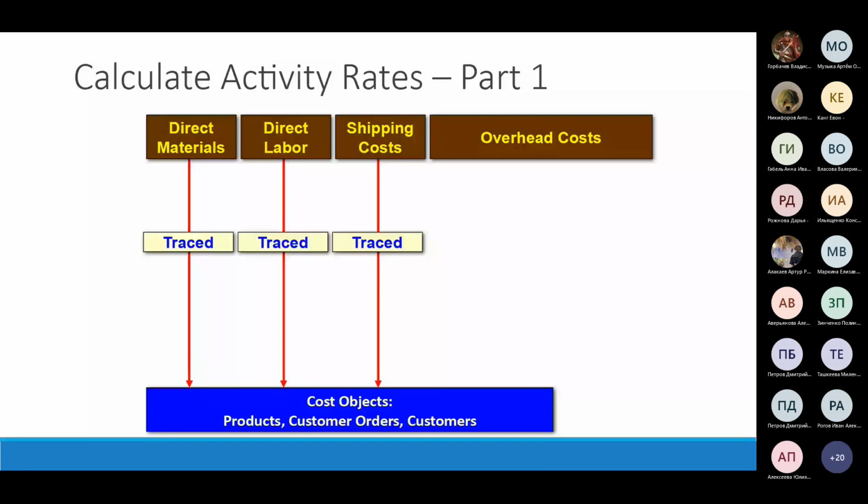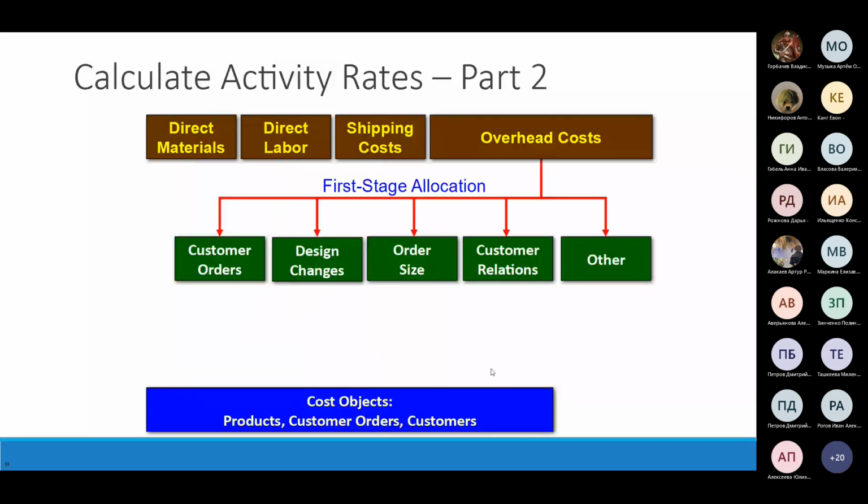So if we defined the cost pools, we have to allocate direct material, direct labor, and shipping cost directly to cost objects. Here we can see the same approach as we used in previous systems we learned. But overhead is allocated using two stages.